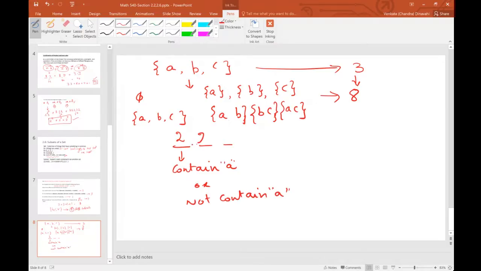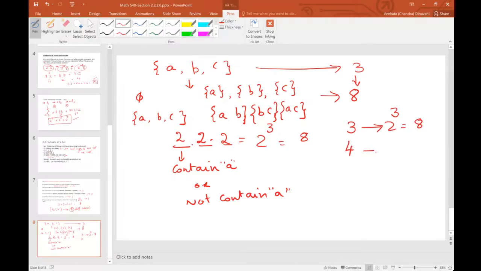Similarly, your subset might contain B, might not contain B. That is 2 different ways. Your subset might contain C or might not contain C. So that is 2 cubed, which is 8. So if a set consists of 3 members, it has 2 cubed, 8 different subsets.